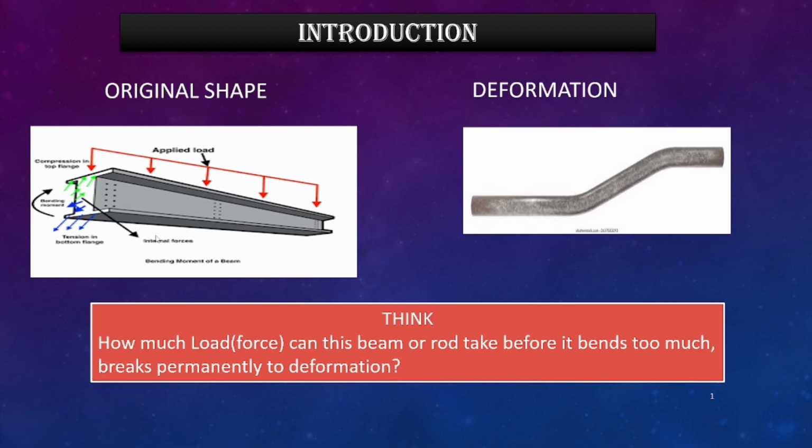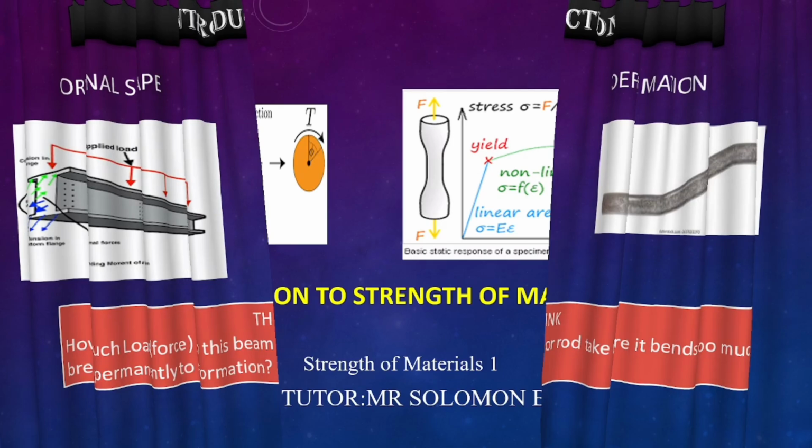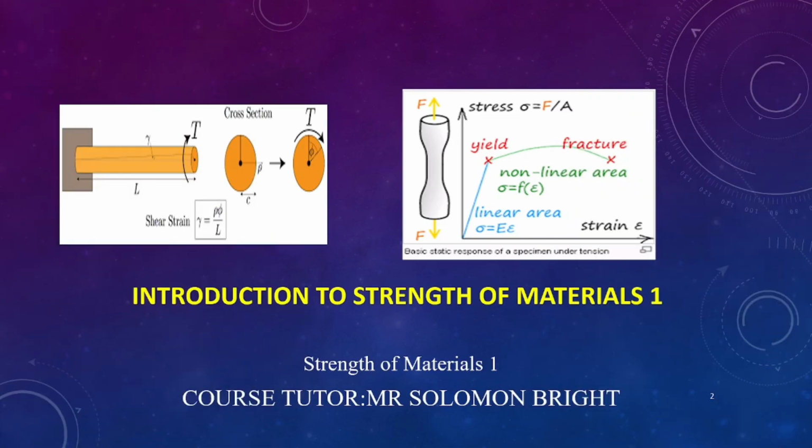You can see for the first beam, the load was applied on them. Looking at object B, for a moment, it has been deformed. Now, this brings us to the topic of introduction to strength of materials.